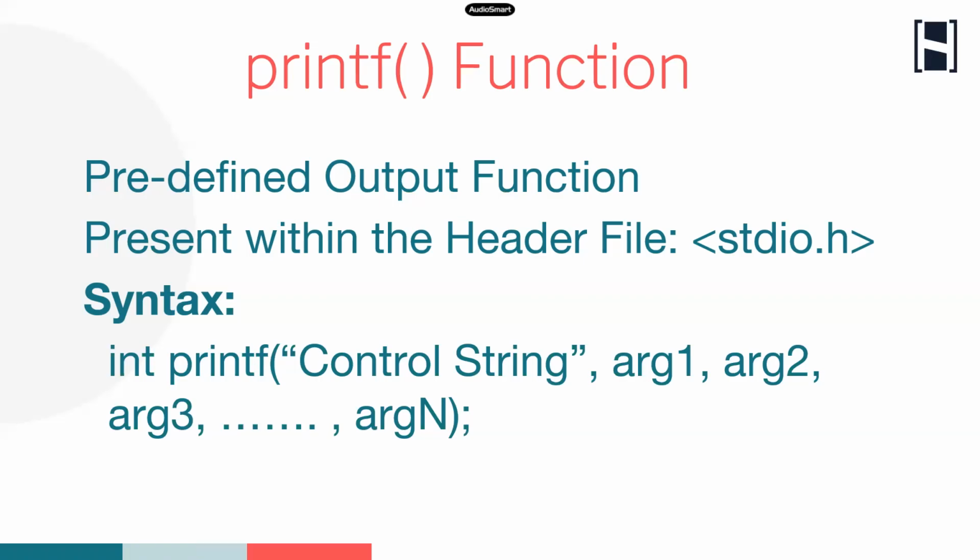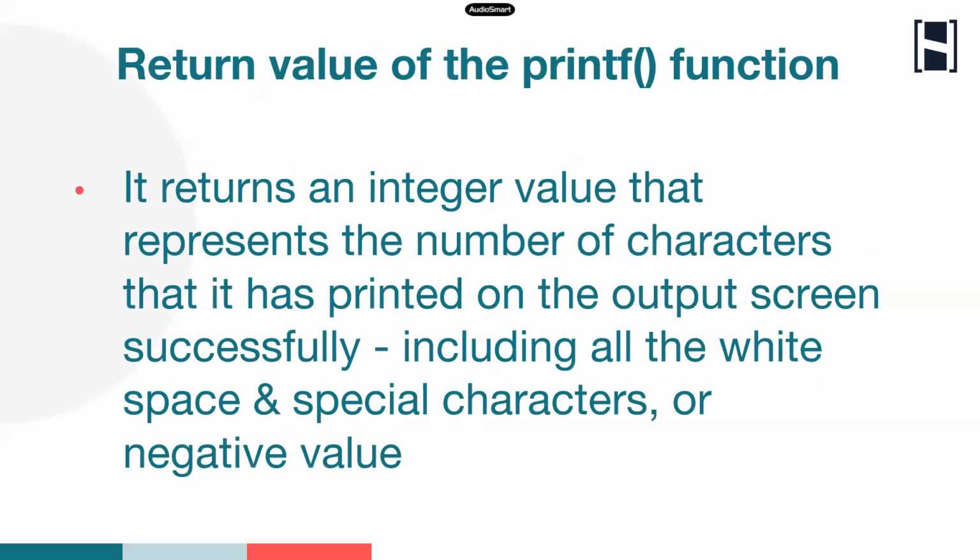So the printf statement is very simple: printf, within double quotes give the message you want displayed, then a comma, then the variable names that we have created in our programs. Now, let us see how to make use of this within a program. Return value of the printf, we'll come back to that.